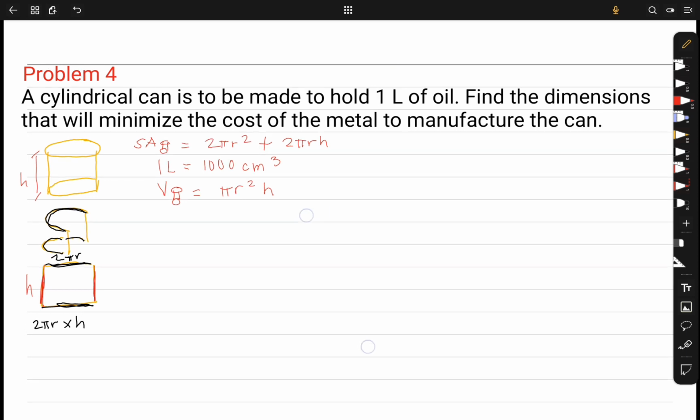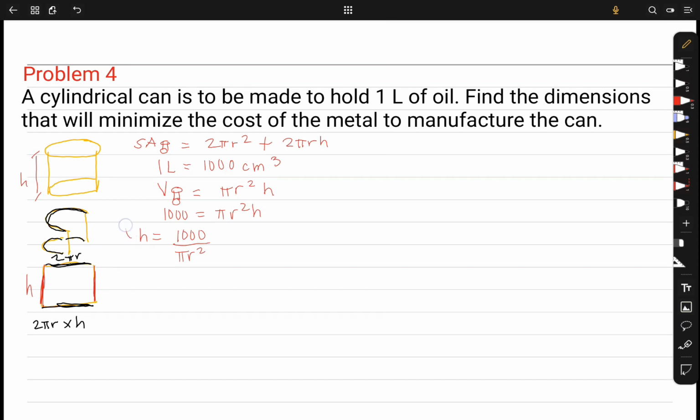That is 1,000 is equal sa pi r squared h. So, makakapag-equate tayo sa h natin. So, h natin will be 1,000 all over pi r squared. So, nag-divide lang tayo ng pi r squared.